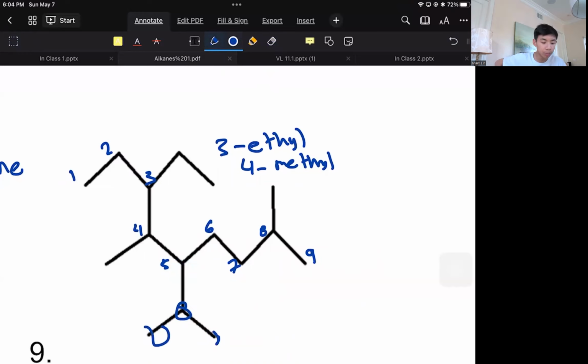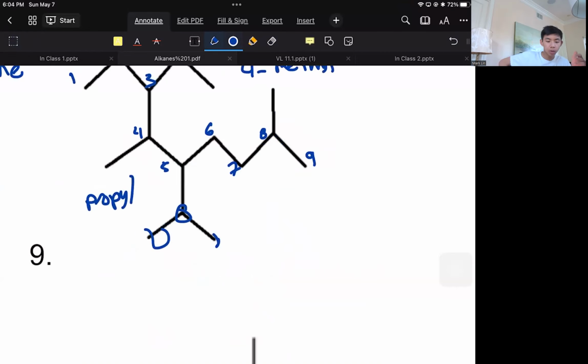Three is going to be a propyl. And since it's in this kind of triangular shape, there's a couple different ones.